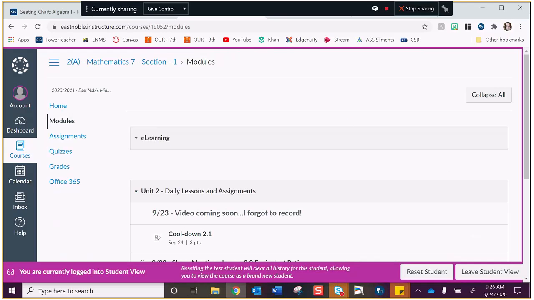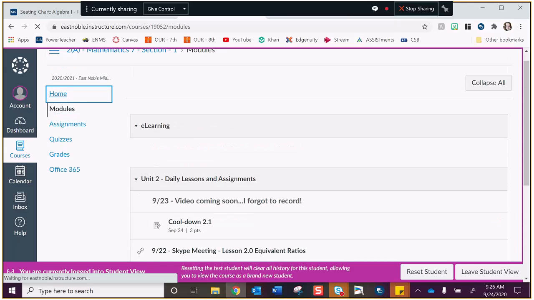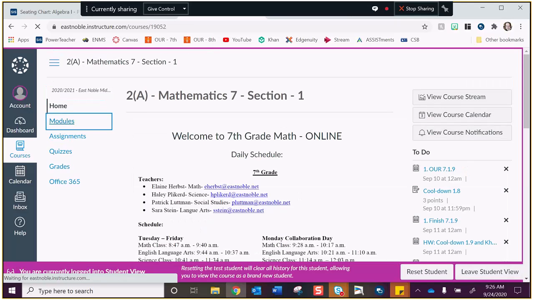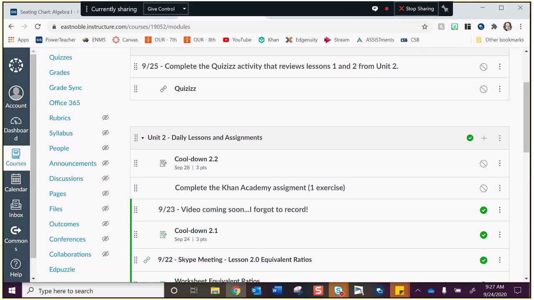If I go into modules, you're going to see a new module at the top. That module will only be at the top when there is e-learning. It will not be at the top any other time, so you can focus on what's going on down here.